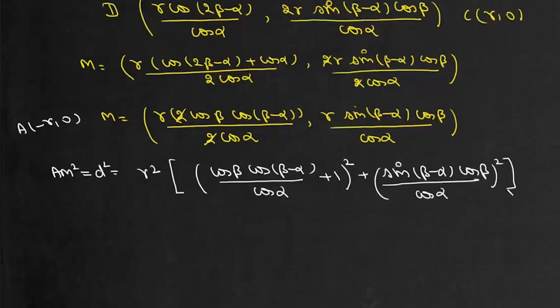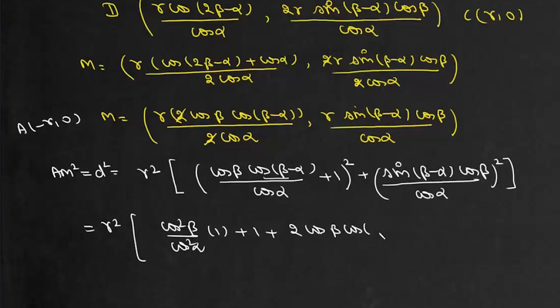Now we simplify this, we can write r square, and here will be this cos square beta upon cos square alpha. Now this is cos square beta minus alpha, and this is sine square beta minus alpha, and then plus 1 plus 2 cos beta minus alpha upon cos alpha.